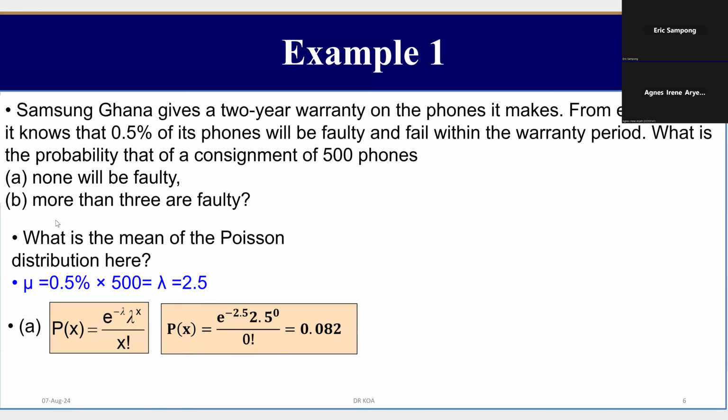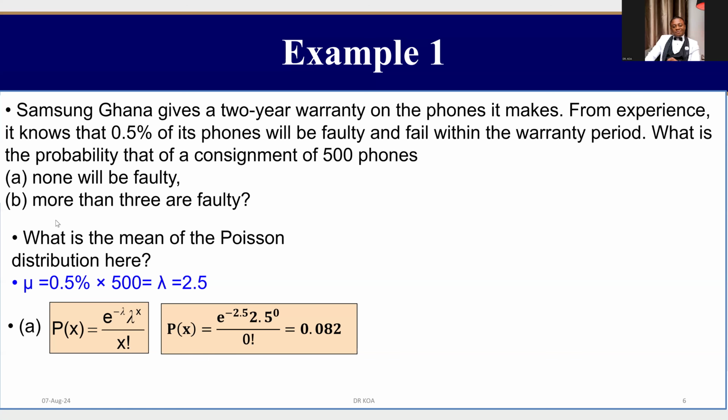That is what you have here. So the chances of you getting none of them to be faulty is quite slim, which means that Samsung Ghana has a very low probability of not getting faulty phones, and therefore a high probability of getting faulty ones. It's like 0.8%.